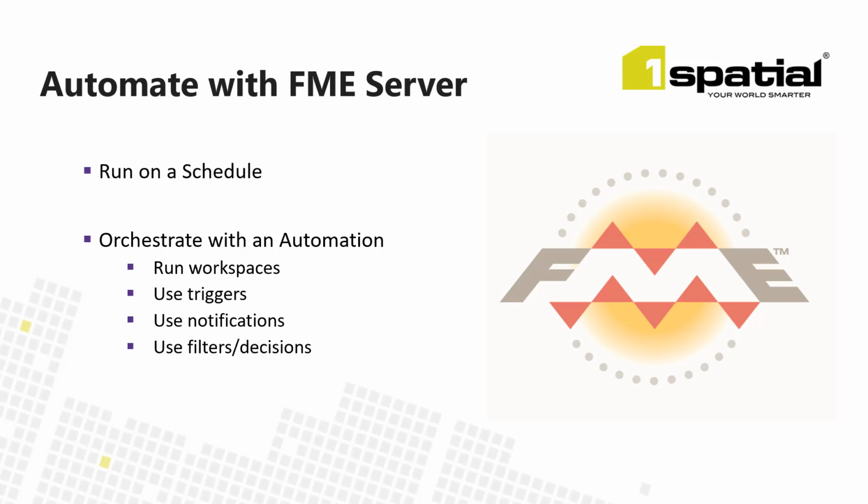Okay, so thankfully it didn't crash out at this key point, because this is the new and exciting part that helps you with automations in FME Server. It's new since last year, in FME 2019, and it's the automations, allowing you to orchestrate your automation workflow within FME Server. So you can orchestrate which workspaces you run, how you run them, when you run them, who you notify, and so on.